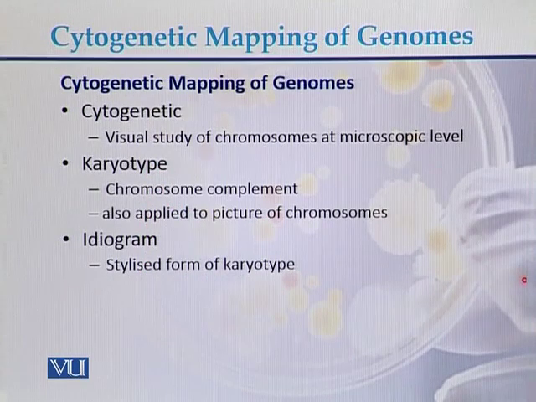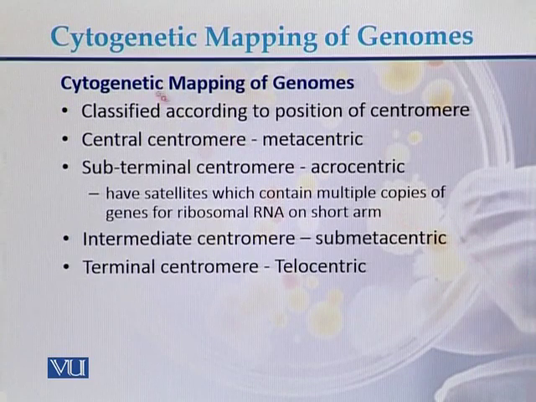So these are the different terminologies used in cytogenetic mapping of the genomes: cytogenetic map, karyotype and ideogram.